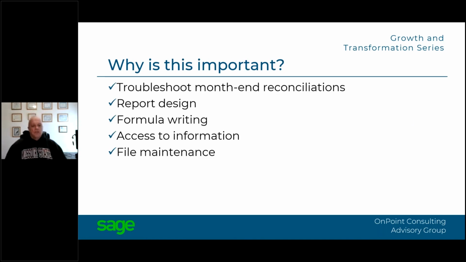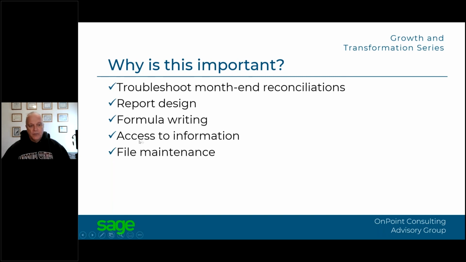Okay, so why was all of this important? Well, if you're troubleshooting or doing month-end reconciliations, you have to know where your data is. It's obvious that if you're doing report design, you have to know your data. Same thing with formula writing. You have to know where the formula accesses fields, and just as importantly, when the information arrives in those fields.